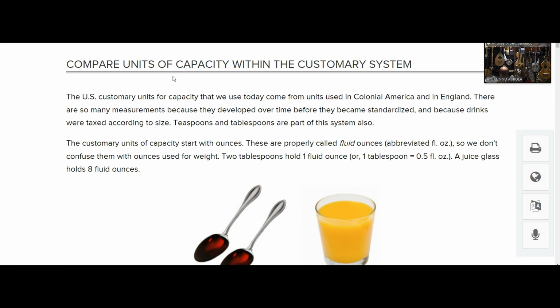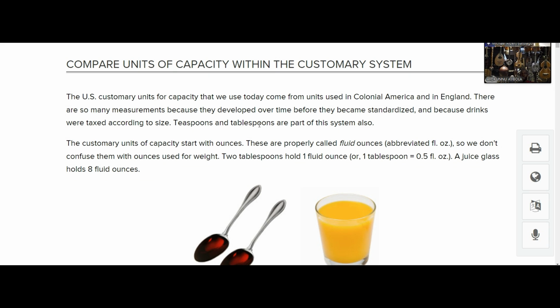To compare units of capacity within the customary system: the customary units for capacity that we use today come from units used in colonial America and England. There are so many measurements because they developed over time before they became standardized, and because drinks were taxed according to size.